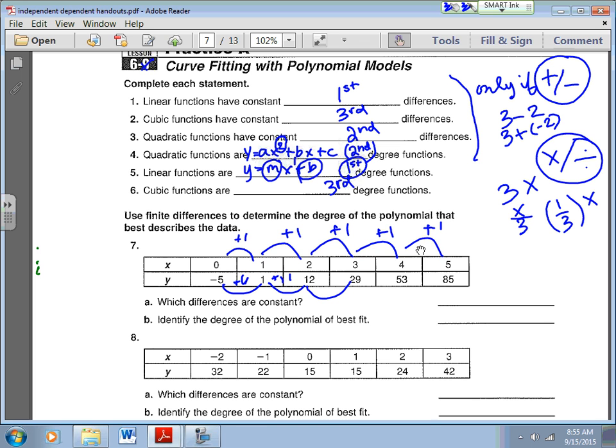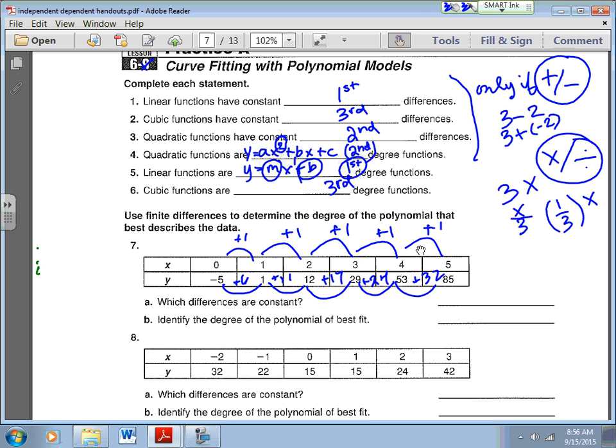And then from here to here, 17. And then from here to here, 24. And then next one, 32. Okay, there is no constant there. And because these are all 1, I know the rates are not the same. If these numbers were different, that might be an indication it might be linear. So this is not a linear function.